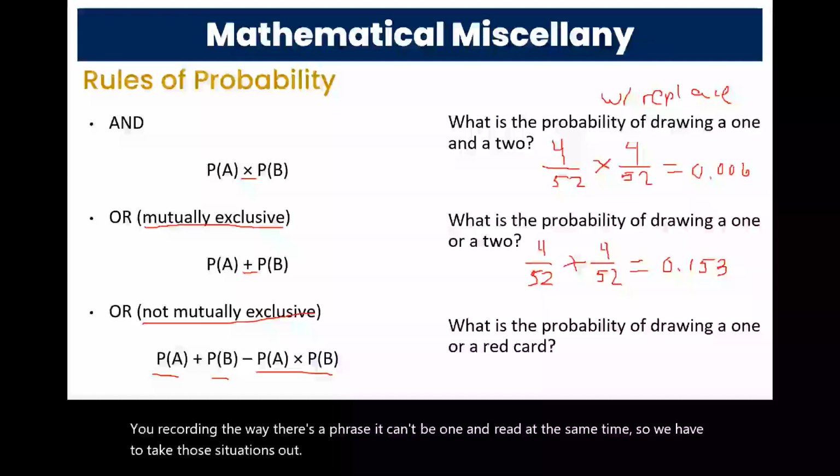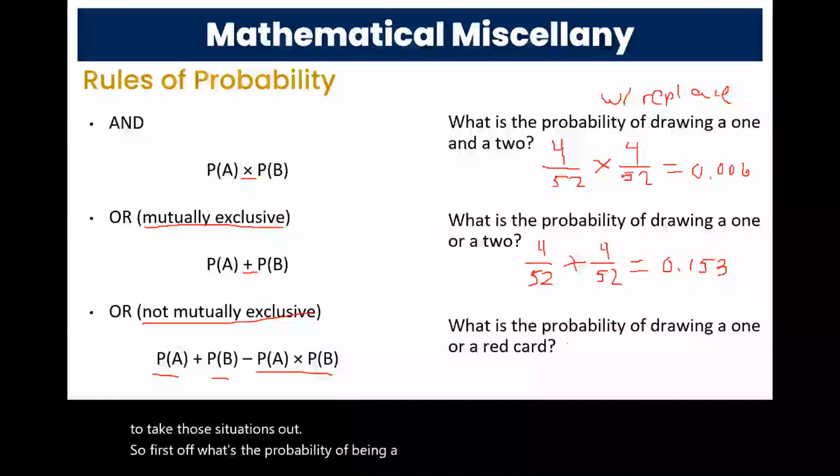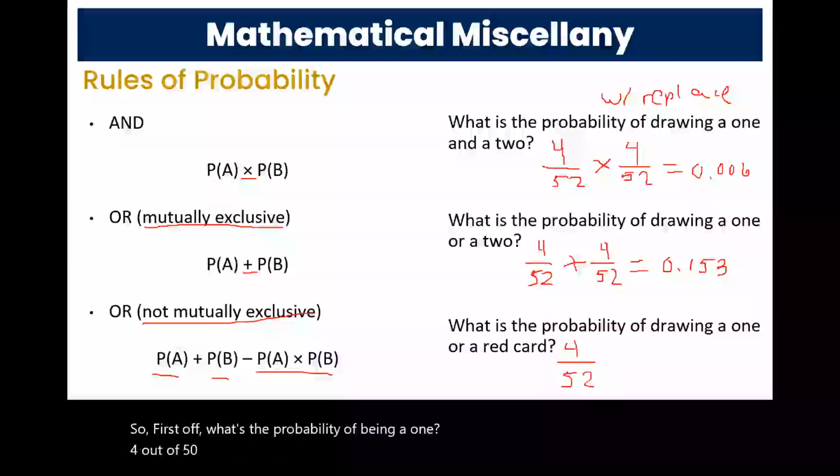So first off, what's the probability of being a 1? Four out of 52. What's the probability of being a red card? How many red cards are in a deck? 26 out of 52.